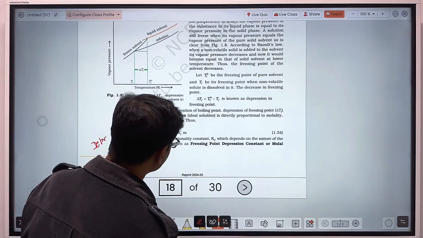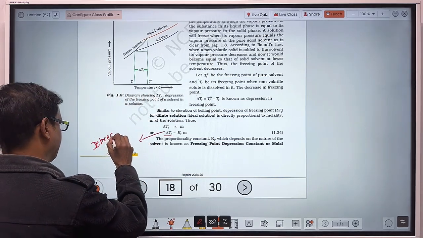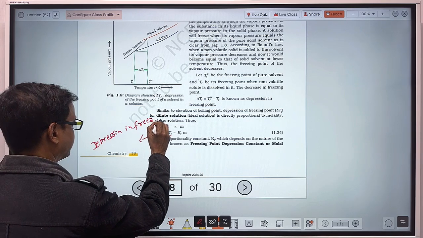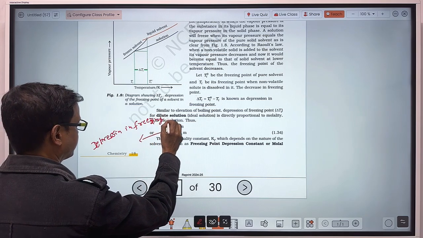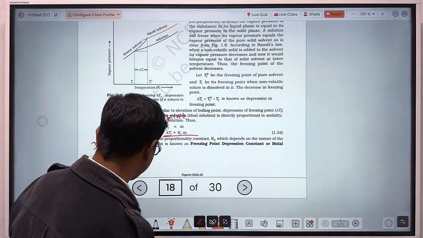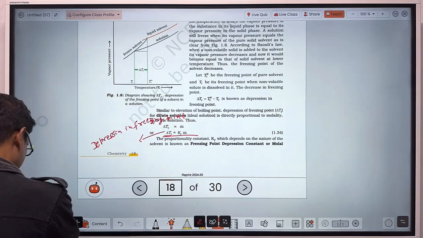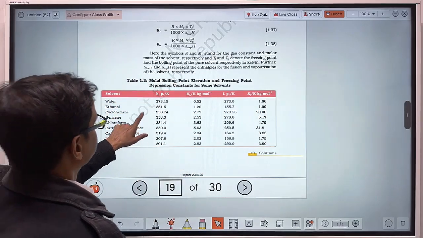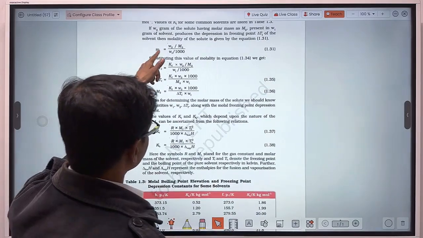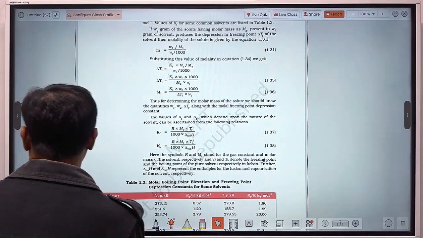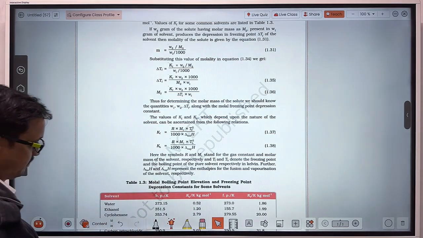There was elevation in boiling point, here depression in freezing point, into molality of the solution. So delta Tf will be equal to Kf into molality of the solution, derived the same way as we derived elevation in boiling point.